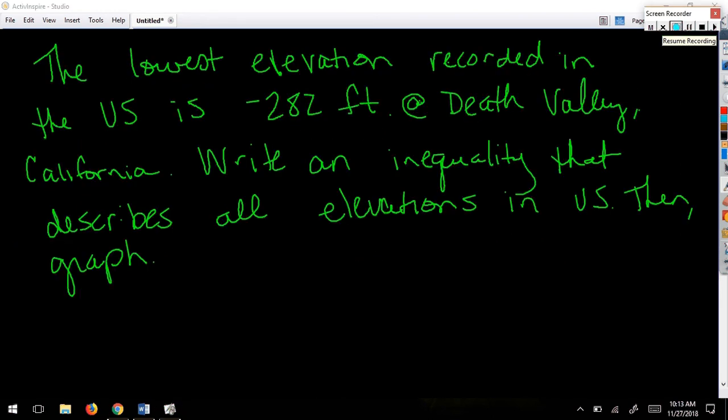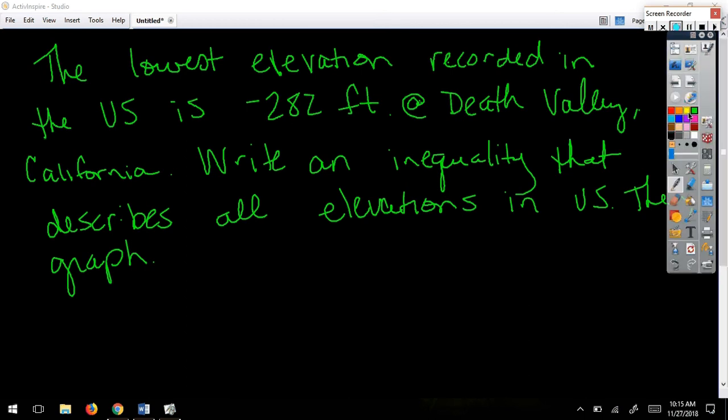I'm going to give you a second to copy this down, then we're going to talk about how we're going to set it up to graph. So, I have this scenario. The lowest elevation ever recorded in the U.S. is negative 282 feet, and that occurs at Death Valley, California.